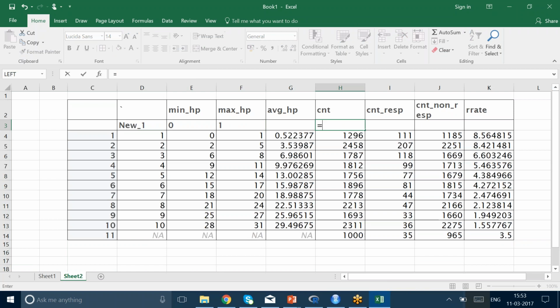How many customers would have been here? 1296 plus 1000. Number of responders would have become 111 plus 35.